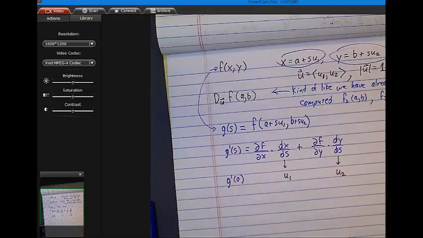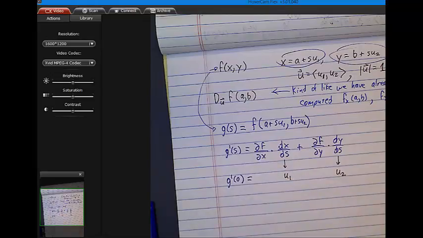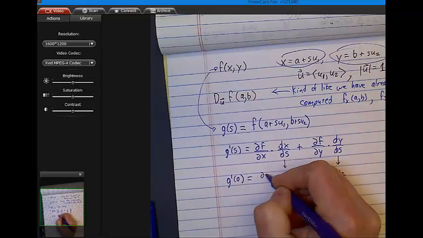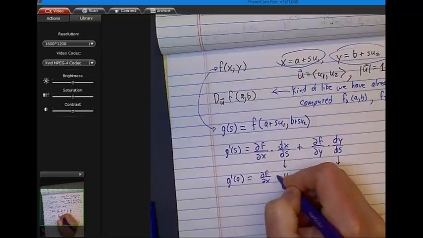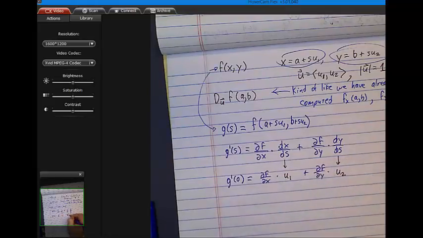So that's just a linear function, so that goes away. And so what I have now is df dx times u1 plus df dy times u2.